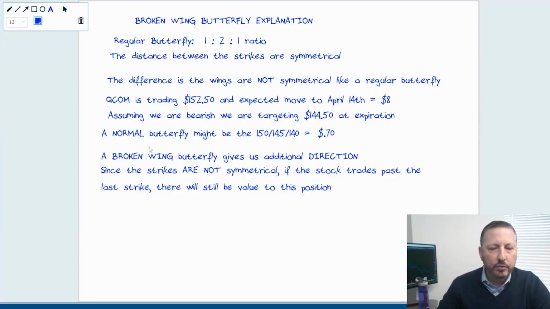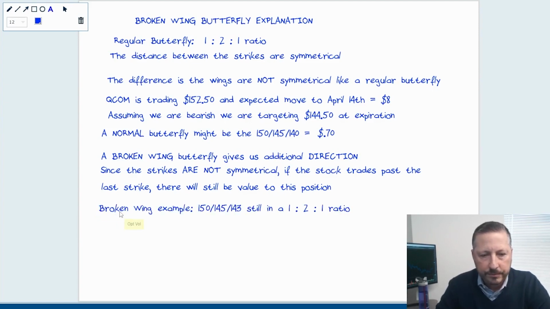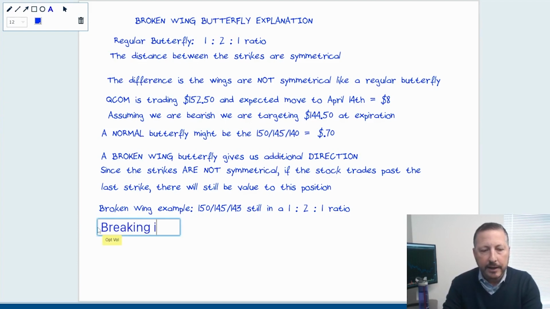It went up from 70 cents to about $1.05 or so. But let's really see what happens. So the broken wing is the 150, 145, 143, still in a 1 to 2 to 1 ratio. When you break that down, what do we have?